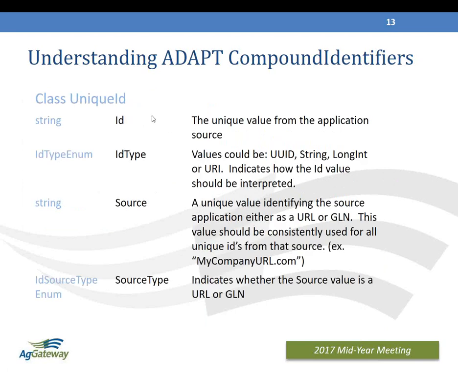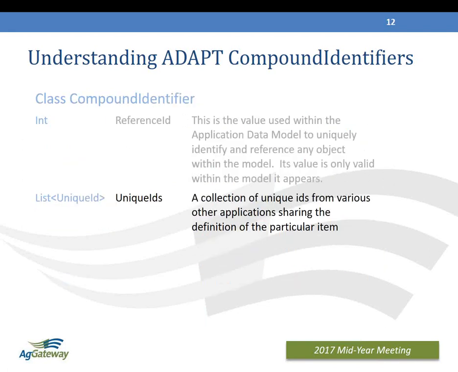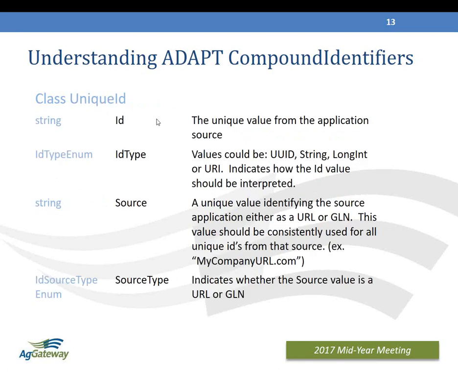The way they do that is through a series of properties within that unique ID class that this is a collection of. So the unique IDs is a collection of unique ID classes. Each one of these contains a string representation of that unique identifier from that system.